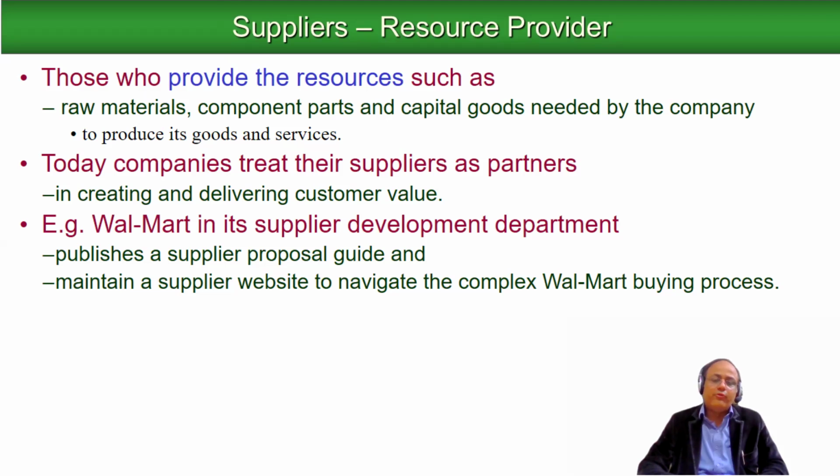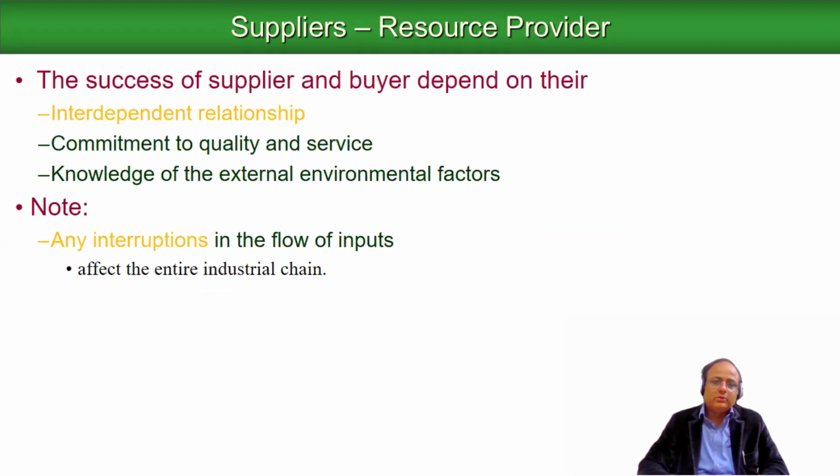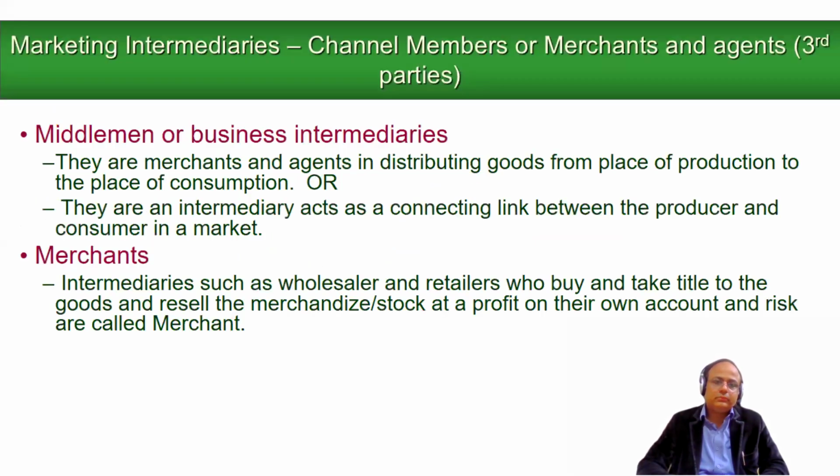For example, Walmart, in its supplier development department, publishes a supplier proposal guide and maintains a supplier website to navigate the complex Walmart buying process. So the suppliers' and buyer's success depends upon their interdependent relationship, their commitment to quality and service, and knowledge of external factors. Any interruptions in the flow of inputs will affect the entire industrial chain.